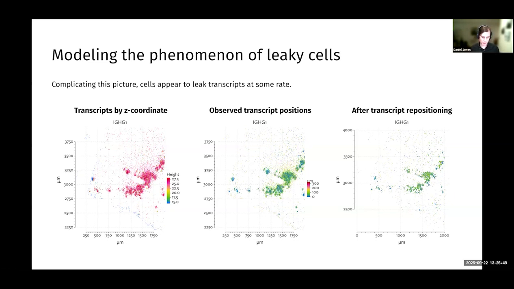The probes can get into the cell, and that can also cause some RNA transcripts to leak out of the cell and be positioned nearby, which complicates the segmentation problem. But we're able to clean that up to a certain extent by repositioning transcripts if they seem to be in an unlikely position.